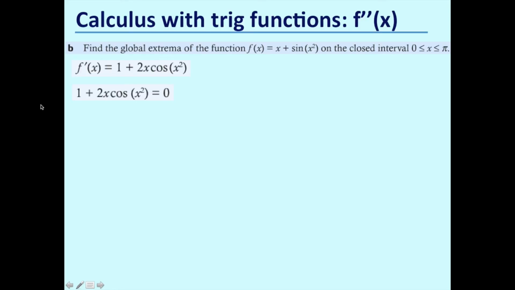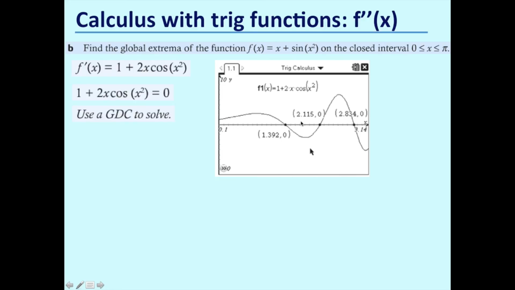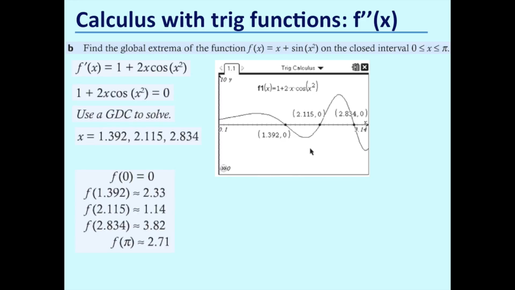And once we've got that, we can set it equal to 0 and then use a GDC to solve that. So we'll find that there will be 3 stationary points at 1.392, 2.115, 2.834.